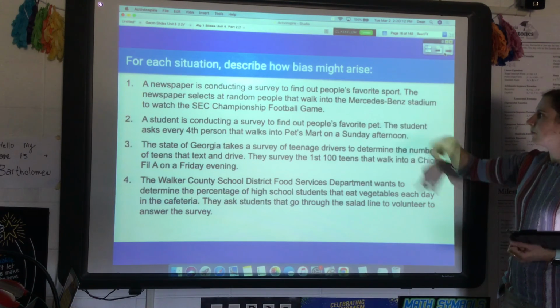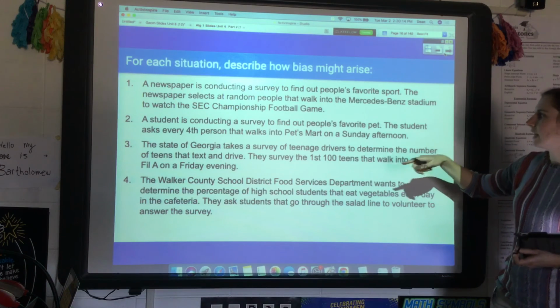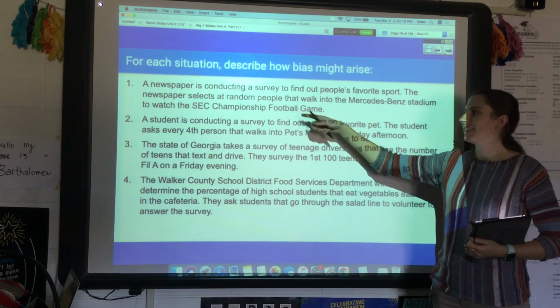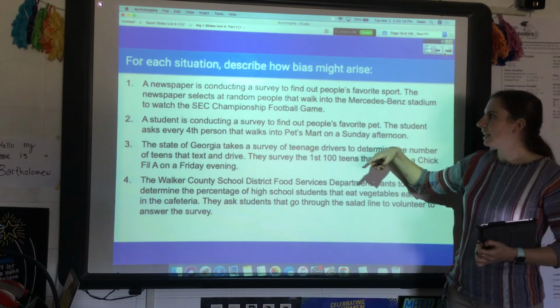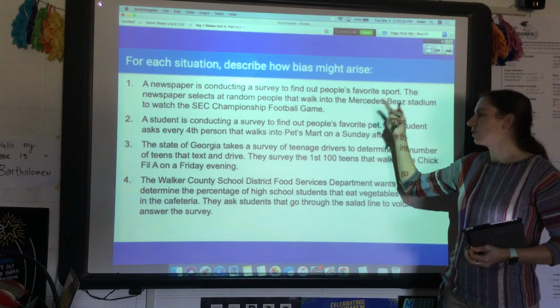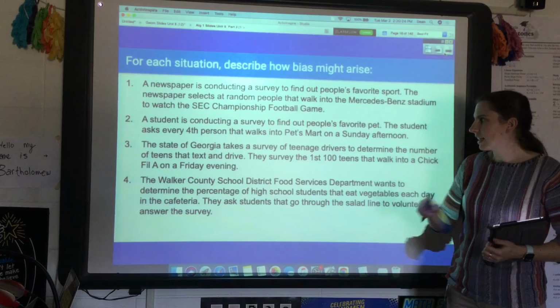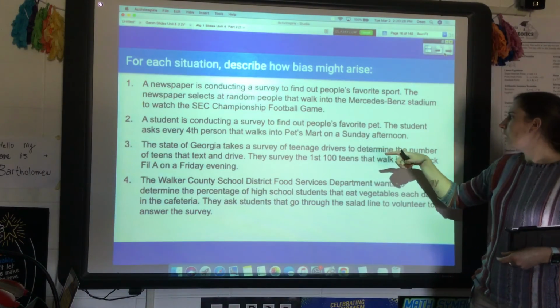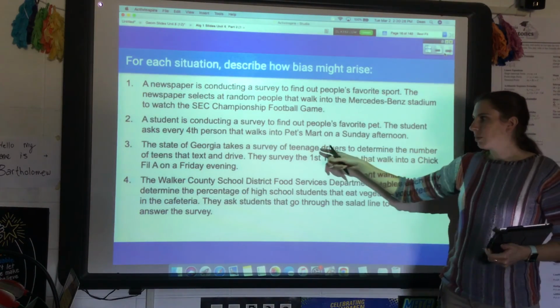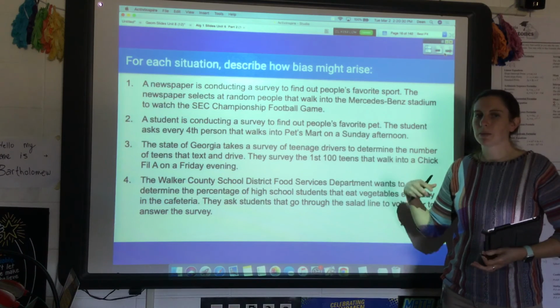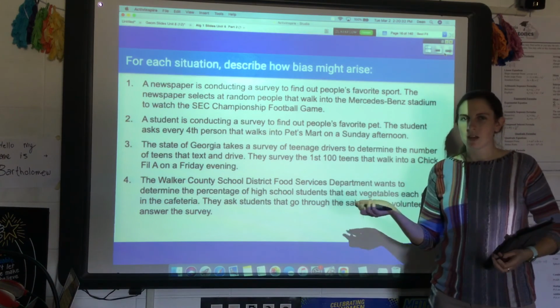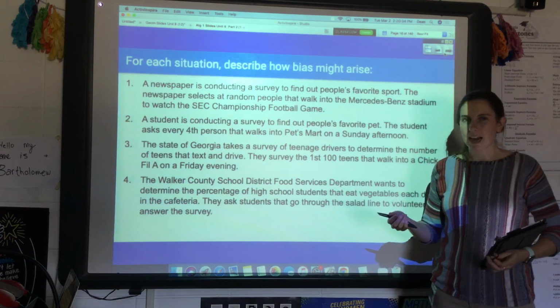Like in this one, the fact that you're at a football game is probably going to impact the results. The fact that you're just asking people at this particular stadium is going to impact the results. So all of that is some bias there. On number 2, you're only asking people at a PetSmart, and maybe PetSmart only sells particular pet items.